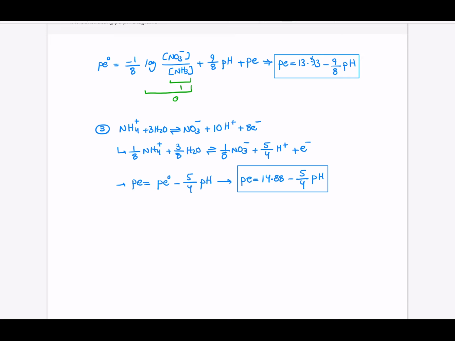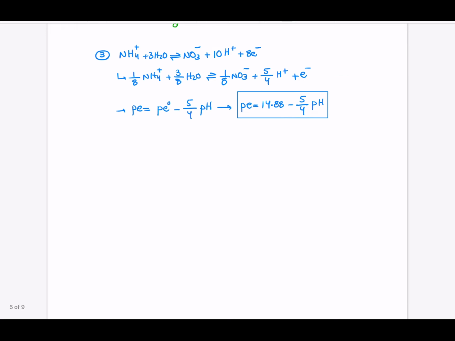So the fourth line would be between ammonium and nitrate. This would be ammonium and nitrate, and then 8 proton plus 6 electron.